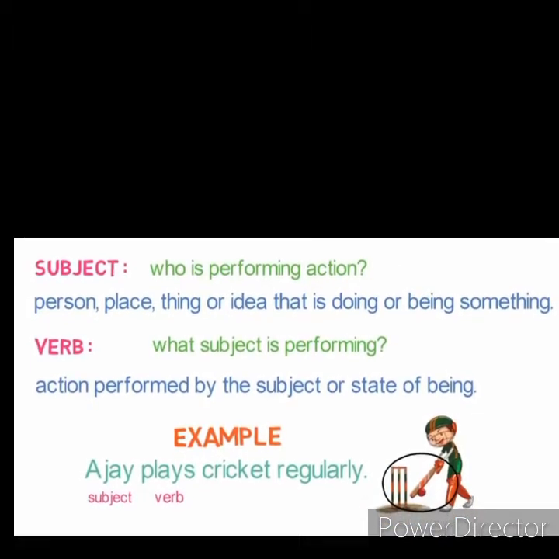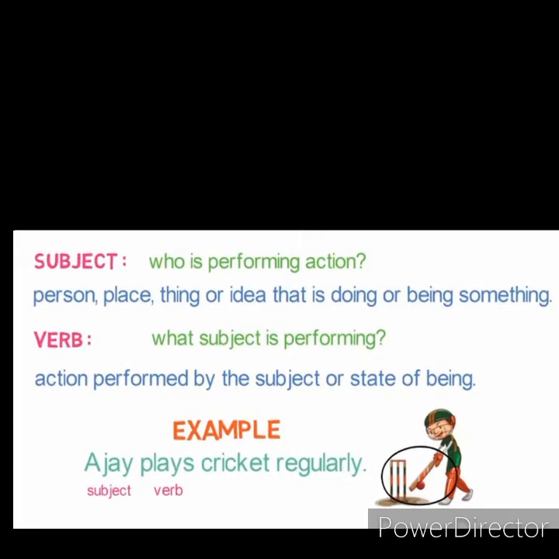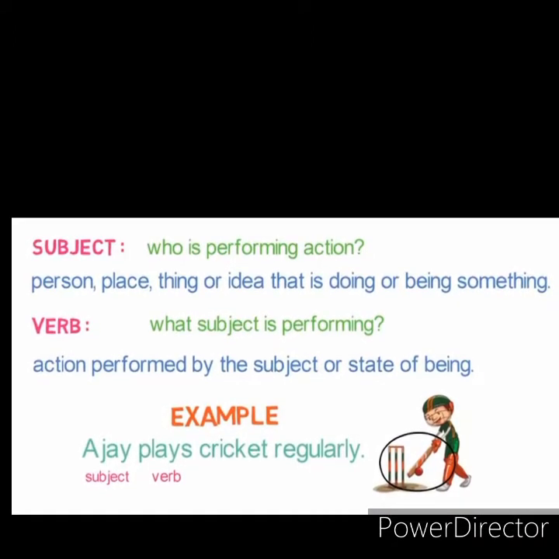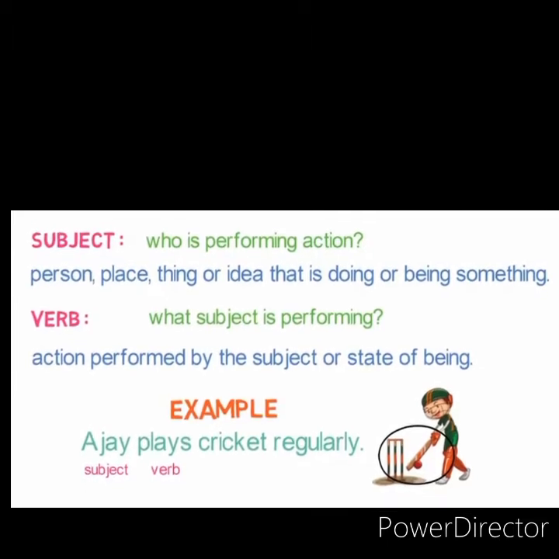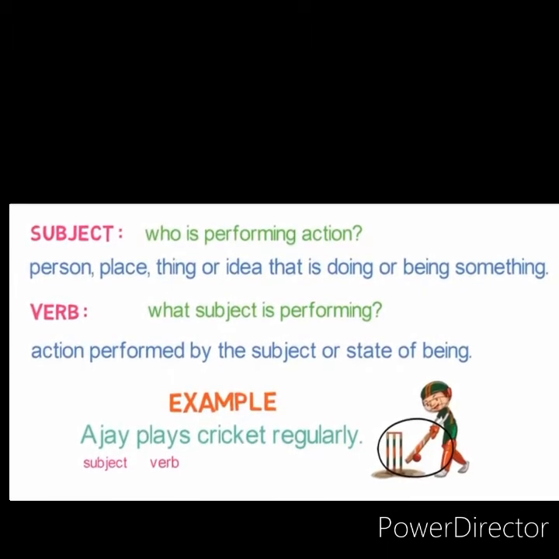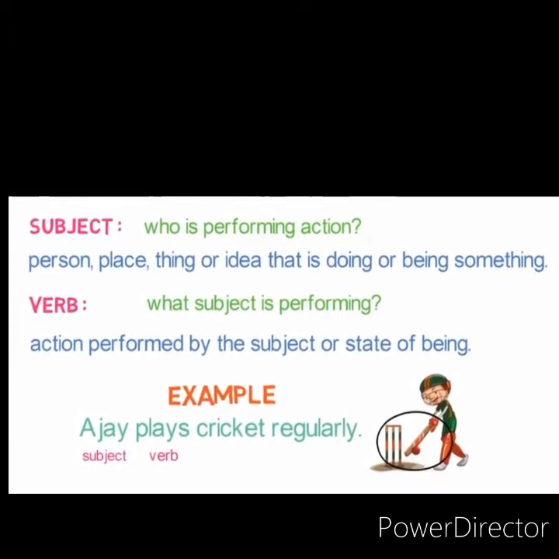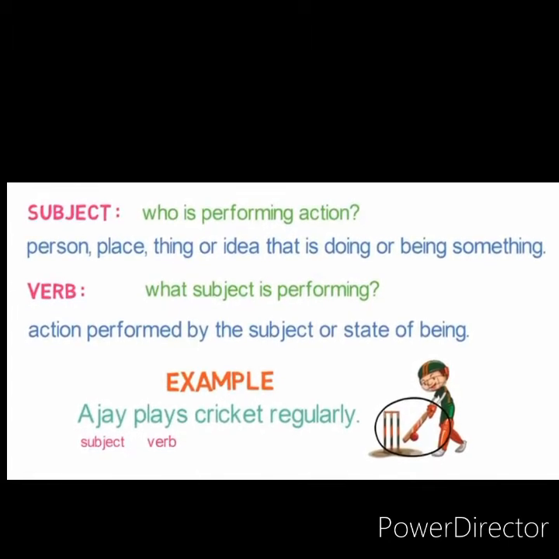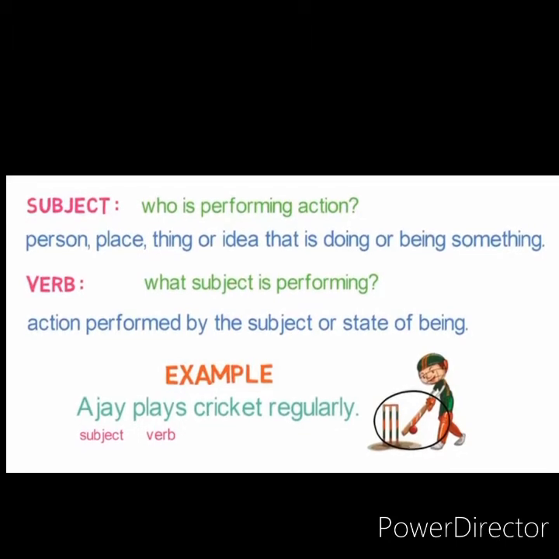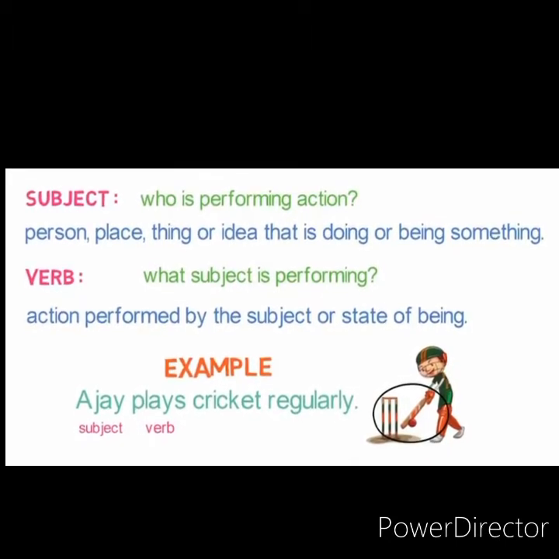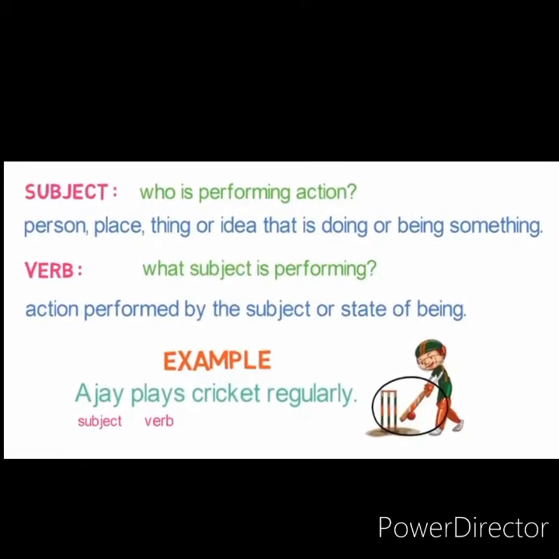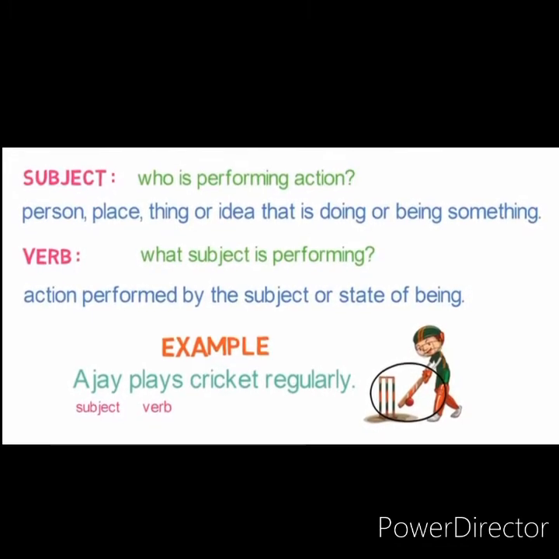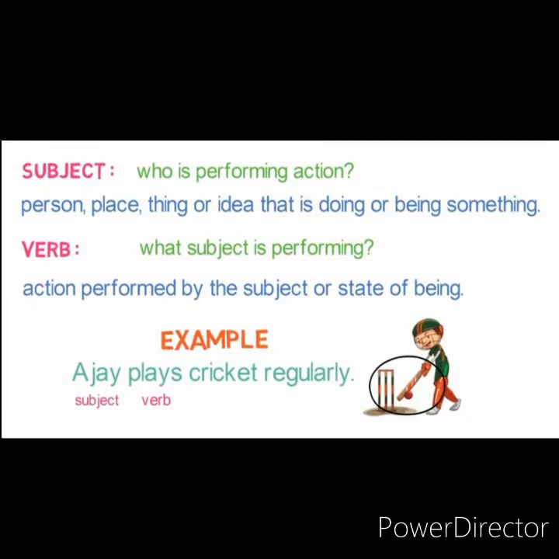So Ajay is the subject in this sentence. Now, identify the verb in the sentence. Ask a question. What action is being performed by the subject? The subject is playing cricket regularly. So, plays is the verb in the sentence.